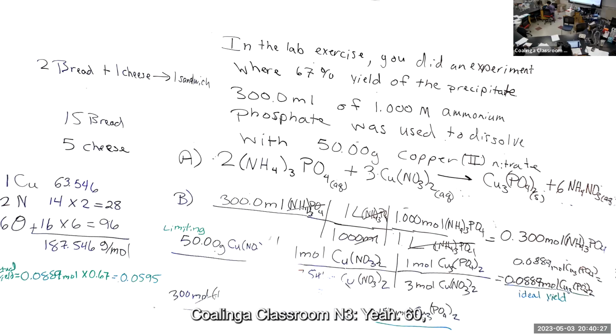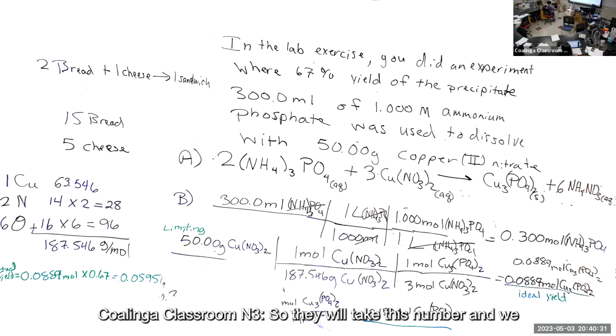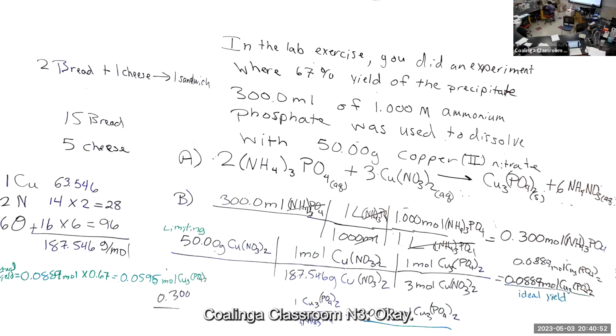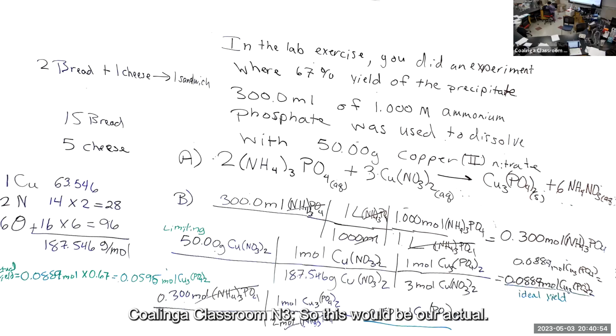What's the last number? 63, so it's 6.3. So then we take this number and we round up, right? So then it should be 0.0596 moles of copper phosphate. So this would be our actual yield in moles.